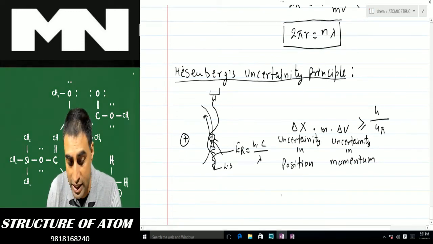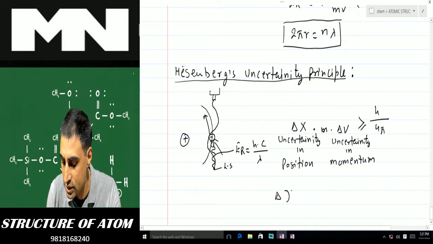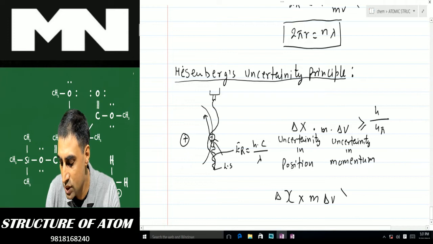I'm writing it here again. It is delta x into m delta v is greater than or equal to h upon 4 pi.